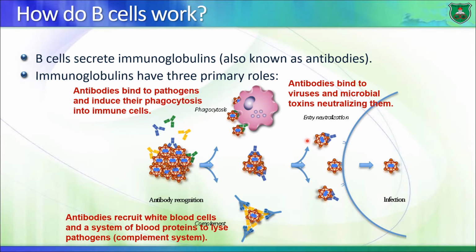Something else antibodies do is bind to antigens, bacteria, viruses, maybe molecules like toxins, and neutralize them. So we're talking about 3 mechanisms: phagocytosis, activating the complement system, and neutralization.